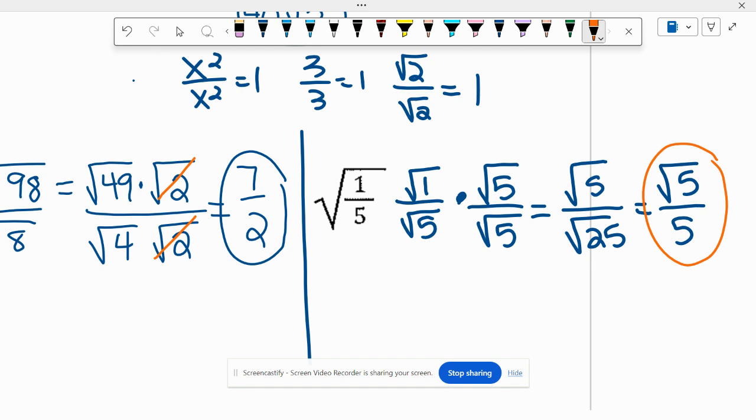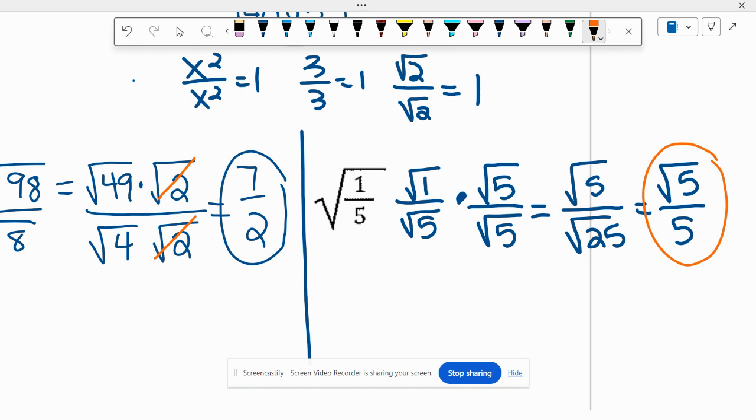So I just want you to look at something up here really fast. This is important. When you take a square root of anything and multiply it by the square root of that exact same thing, like the square root of 5 times the square root of 5, what do you actually end up with? Just focus on the denominator.